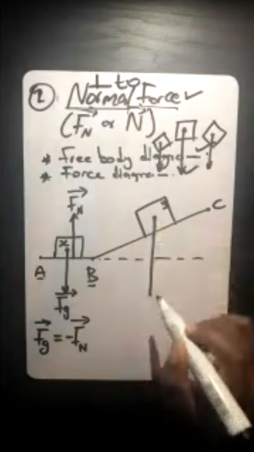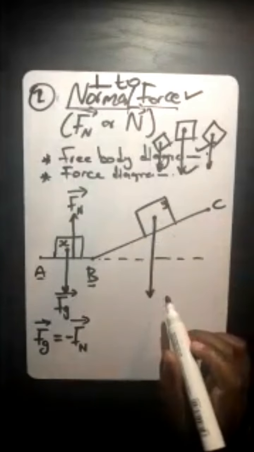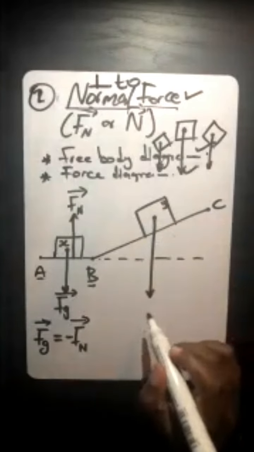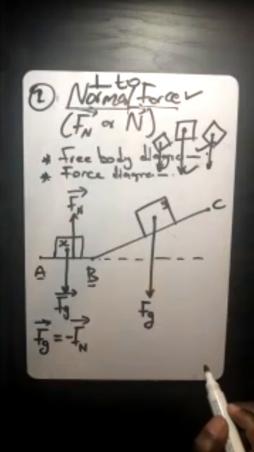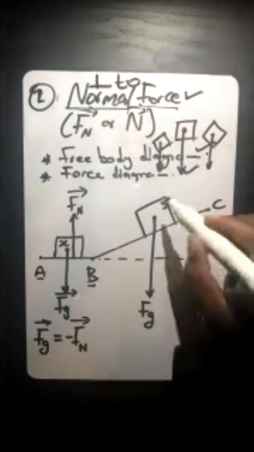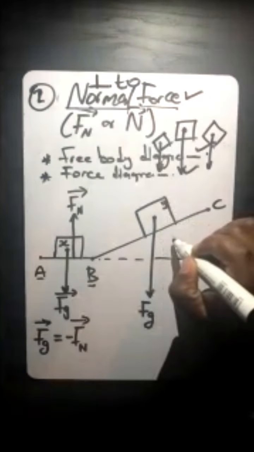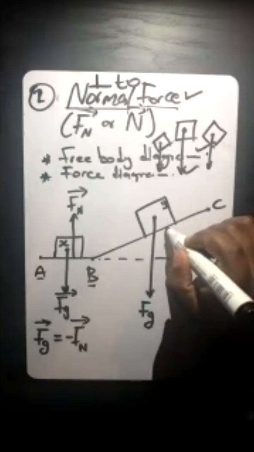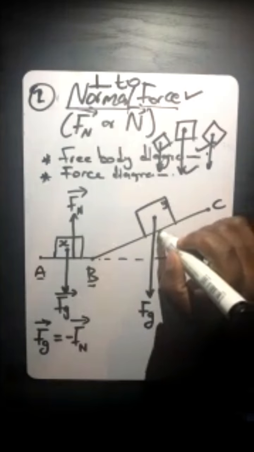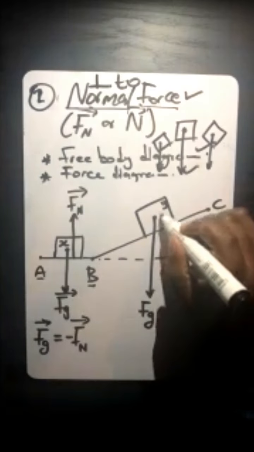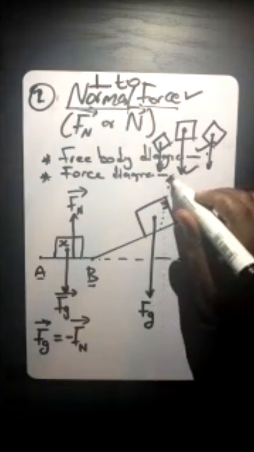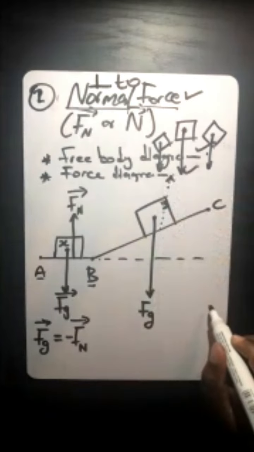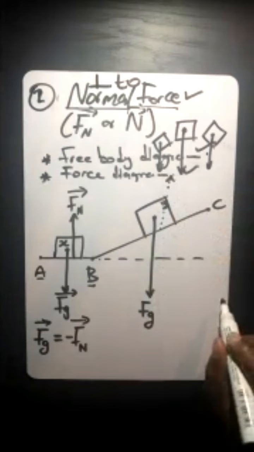On object Y, remember guys, from the center of that object straight downwards towards the center of the earth, we have force of gravity. But can you see, guys, the normal force won't be vertically upwards in that direction. Why?